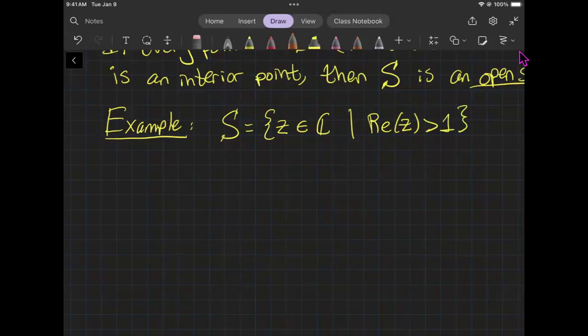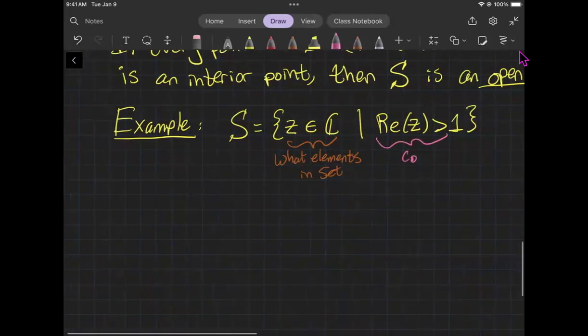So this on the right side of the vertical bar means what elements are in the set. The right-hand side of this vertical bar is the condition of the set. This is how you write out set notation. Okay. You should all know at this point, right?